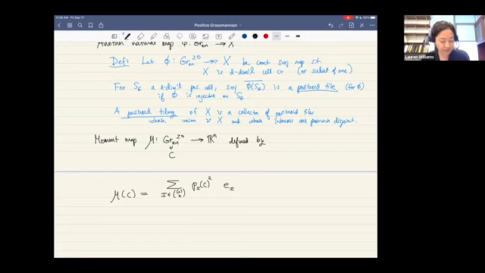Let me define e_I. e_I is a vector in R^n, the 0, 1 vector with ones in positions I. So it's this weighted sum of these 0, 1 vectors e_I, and then I just divide by the sum of the squares of all Plücker coordinates.